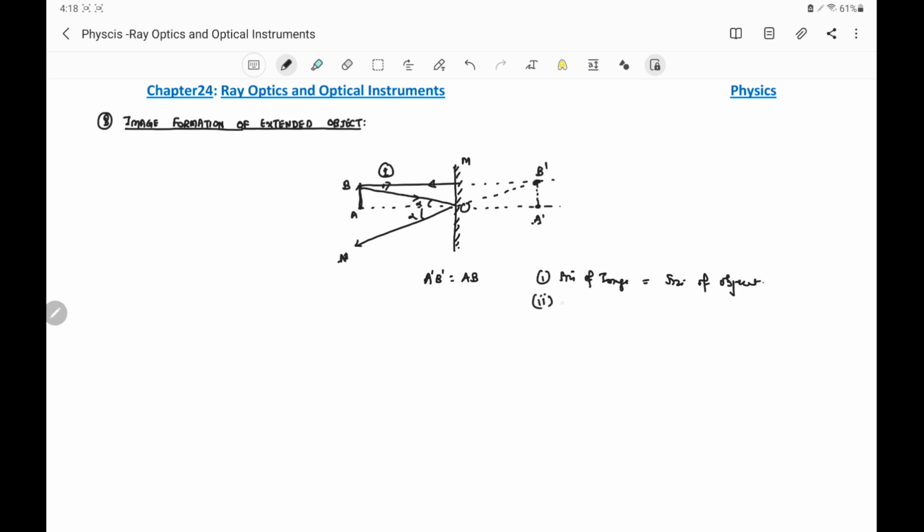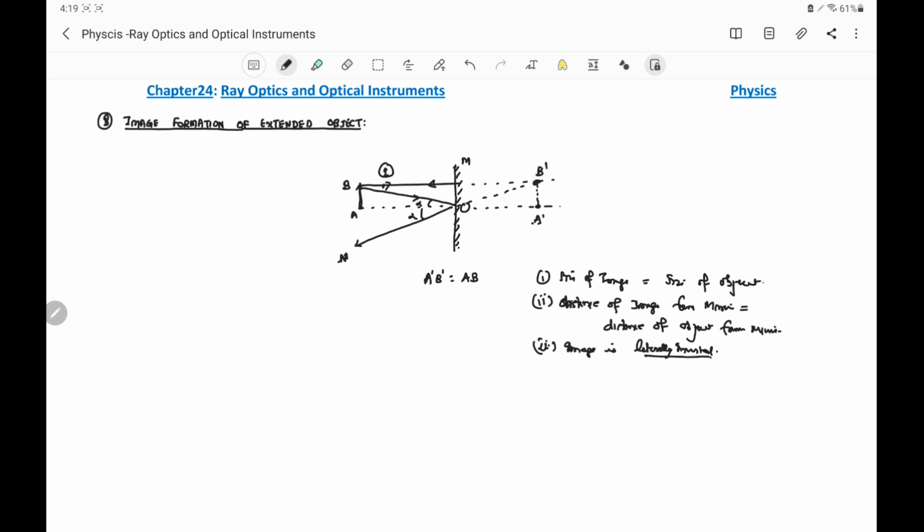Similarly, the distance of the image from the mirror, that is a plane mirror, will be equal to the distance of the object from the plane mirror. Also, the third property is that the image is laterally inverted.